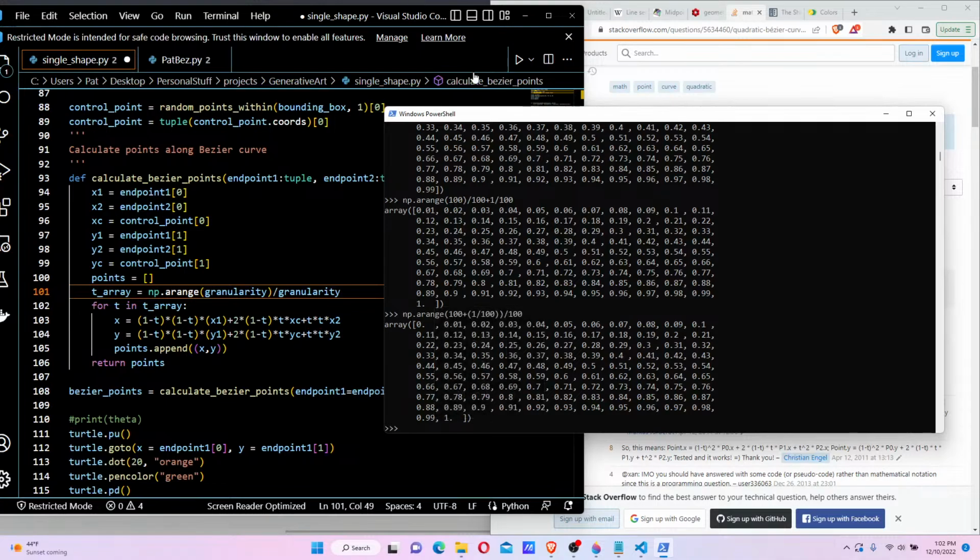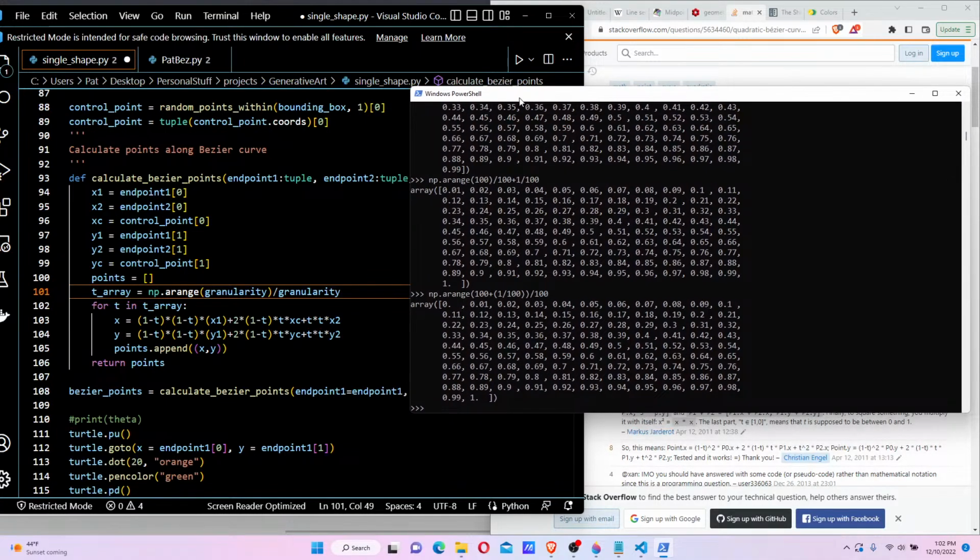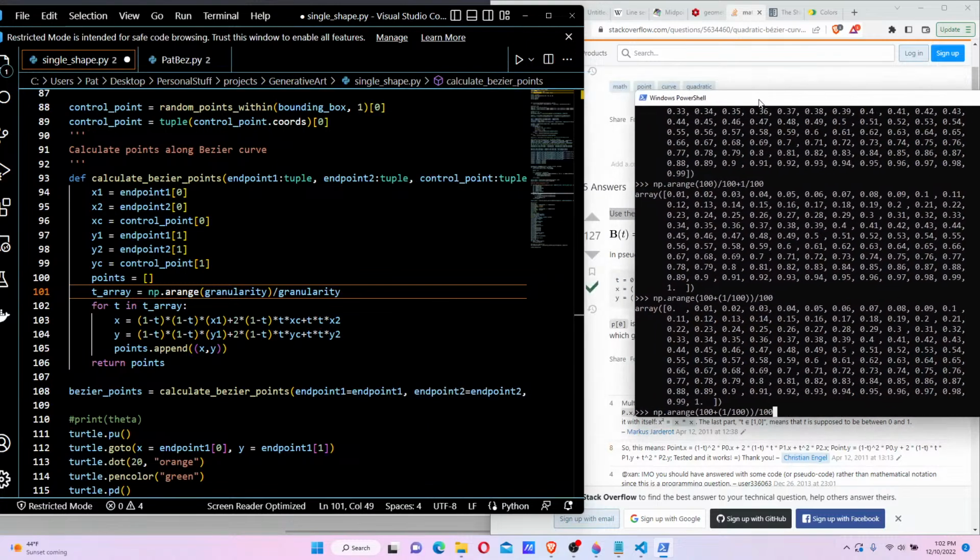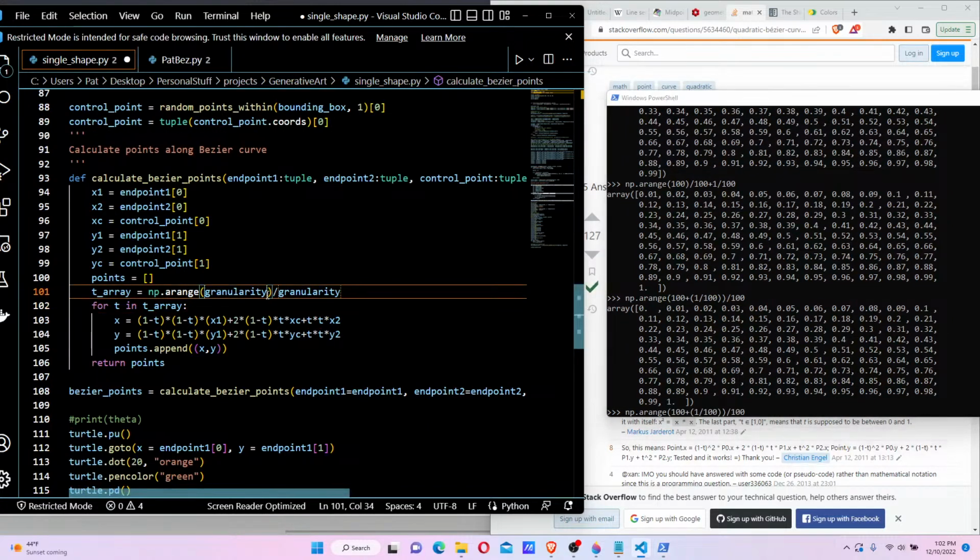Okay, so now I have t values that will go from 0 to 1, so the way to do that is just with that code. Here 100 is the granularity, so granularity plus 1 divided by granularity, and then do that whole range divided by granularity. And that should work.